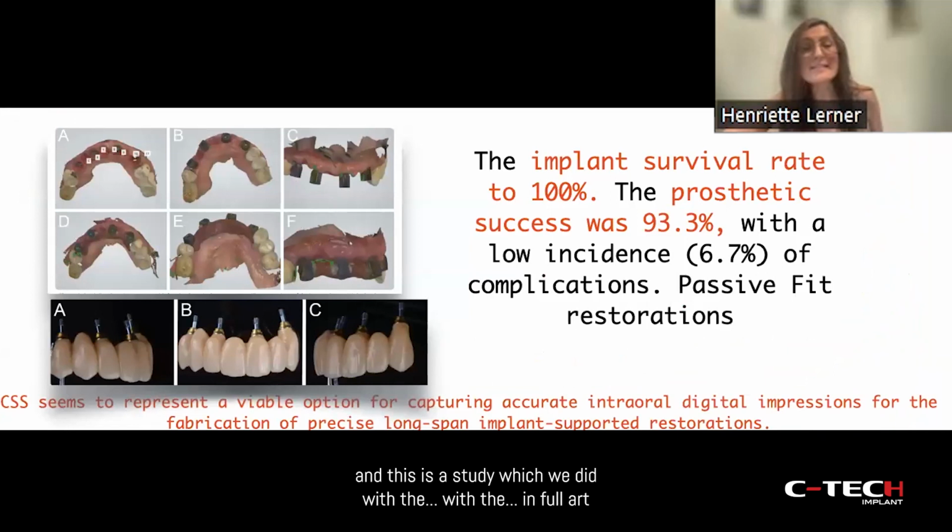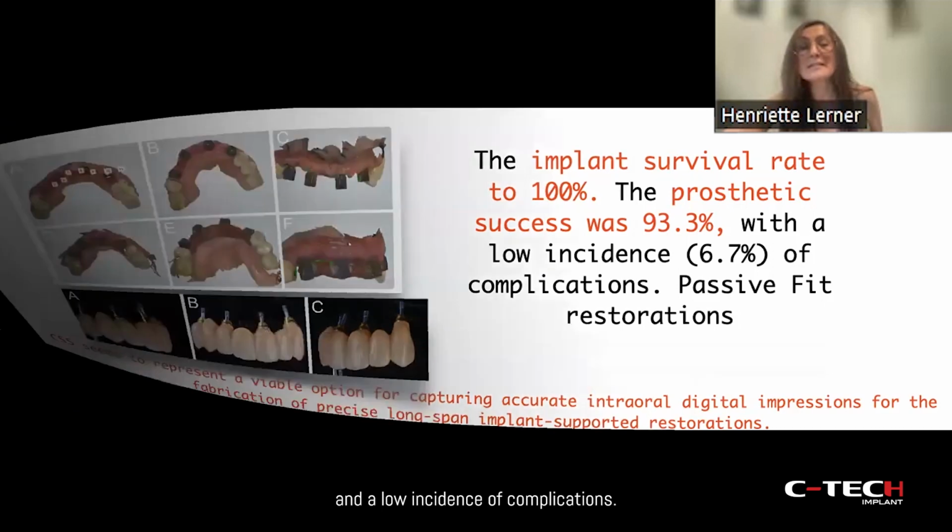In this way, and this is a study which we did, full arch or multiple tooth or implant rehabilitation has had a better success of the outcome, also a prosthetic success, passive fit restoration, and low incidence of complication.